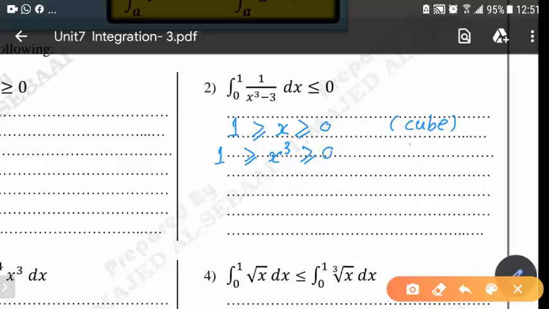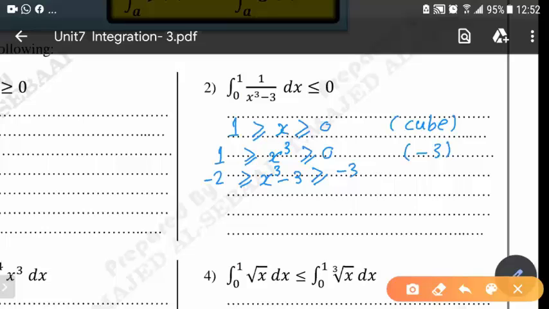Now I need to subtract 3, so it's going to be x to the power of 3 minus 3. Here also, 0 minus 3 is minus 3, and 1 minus 3 is minus 2.